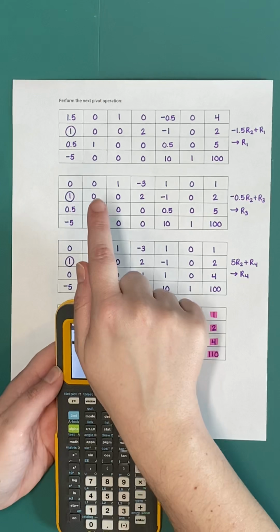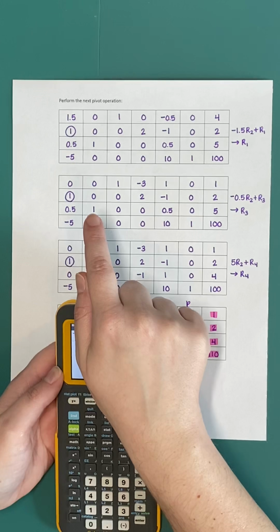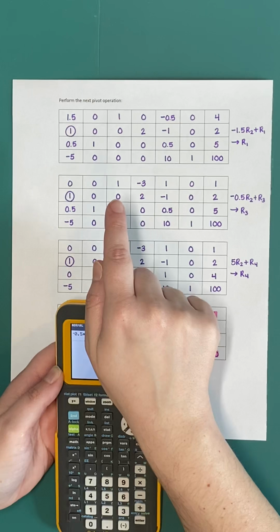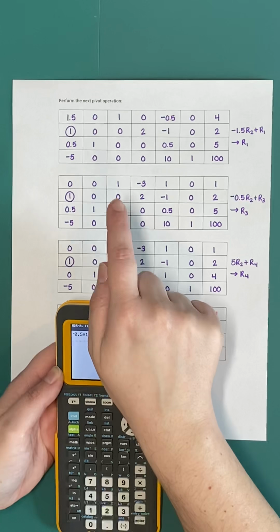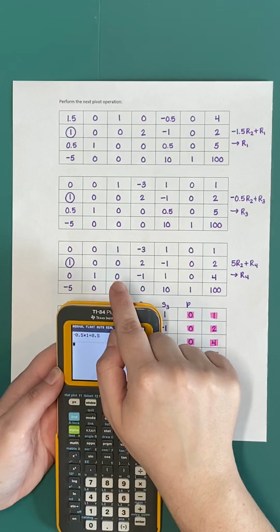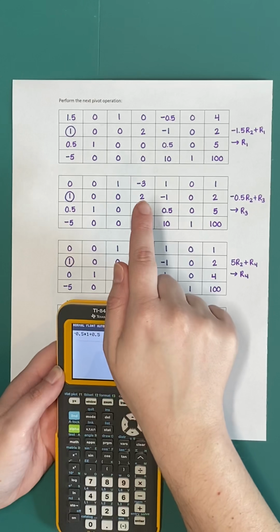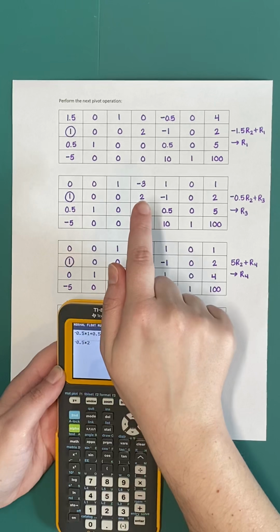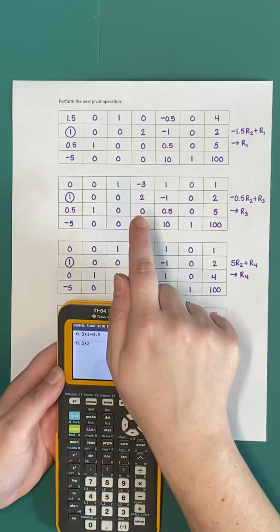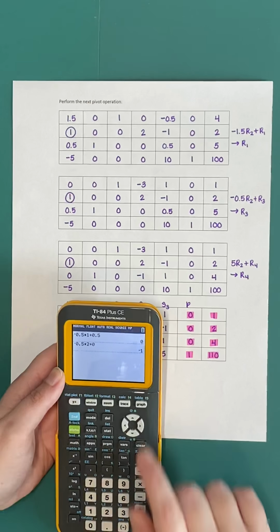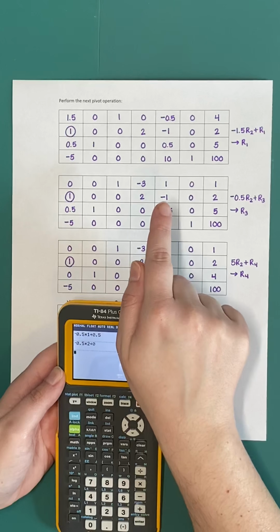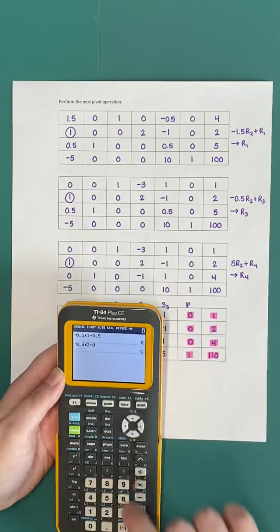Okay, negative 0.5 times 0 is 0. Plus 1 is going to give us 1, so that element doesn't change. Negative 0.5 times 0 plus 0. Well, 0 plus 0 is going to give us 0. That element doesn't change. Negative 0.5 times 2 plus 0 is going to give us negative 1. So that element is going to be negative 1.